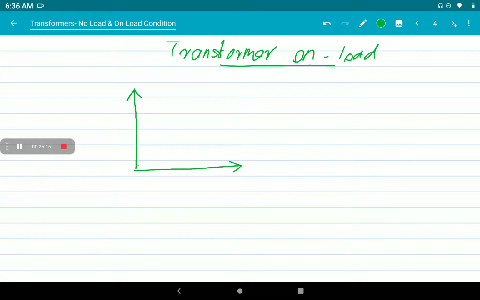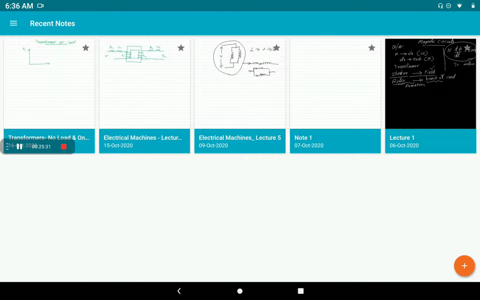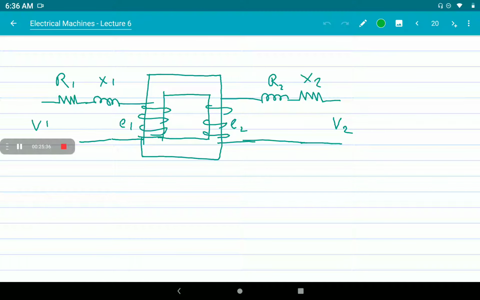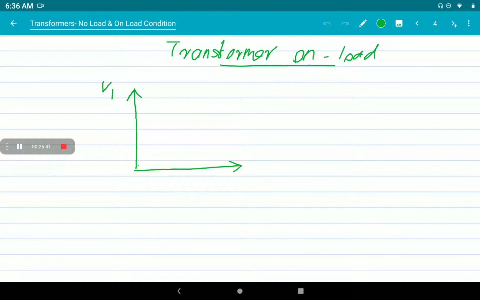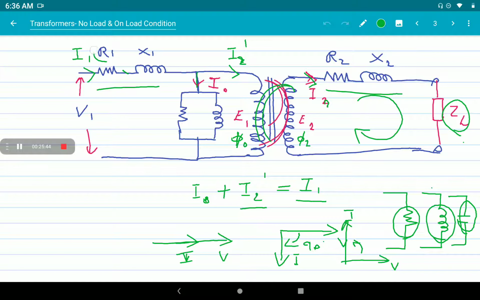Okay, now we are going to draw our phasor diagram. We are assuming reference phasor V1. Okay, first we are assuming V1, and also നമ്മളിപ്പോൾ കൺസിഡർ ചെയ്തിരിക്കുന്നത് എന്താണ്, ഈ R1 X1 ഈ പ്രോപ്പർട്ടീസിന് നമ്മളിപ്പോൾ assumed as it is negligible, that means we assumed that V1 is equal to E1 എന്നാണ് assume ചെയ്തിരുന്നത്.